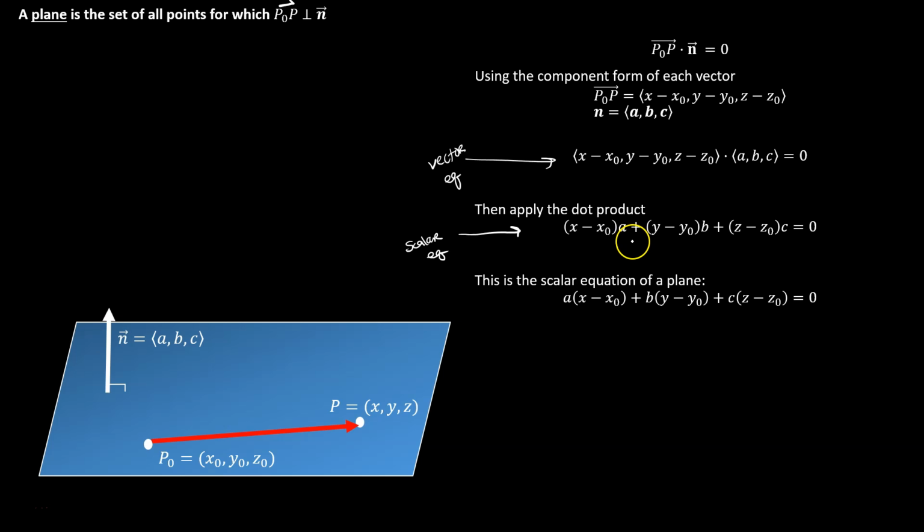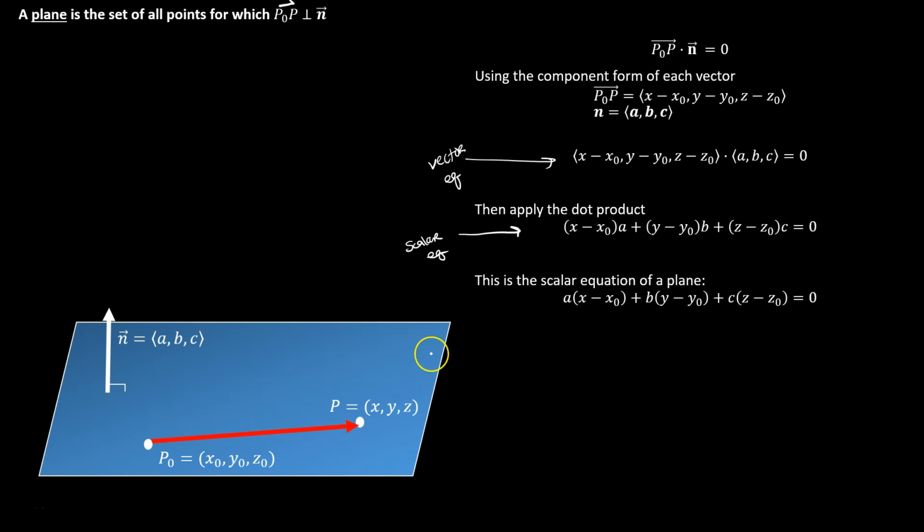Now from here, we can make this general definition for the scalar equation of a plane. Just like a line, we need 2 pieces of information about the plane to be able to write an equation for it. We need to know the components of the vector n that the plane is perpendicular to, and we need to know the coordinates of any single point in the plane.